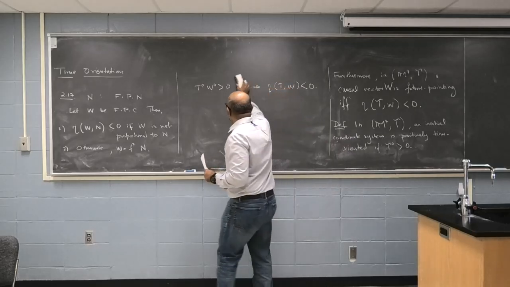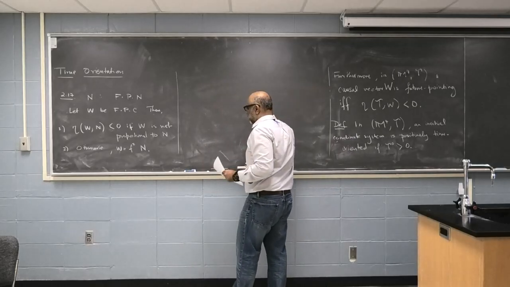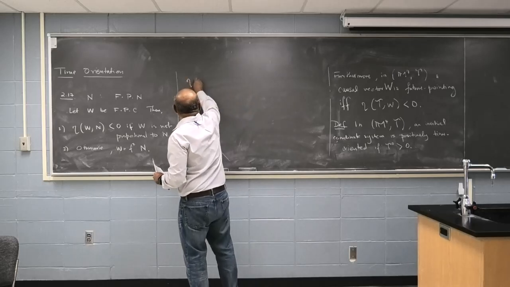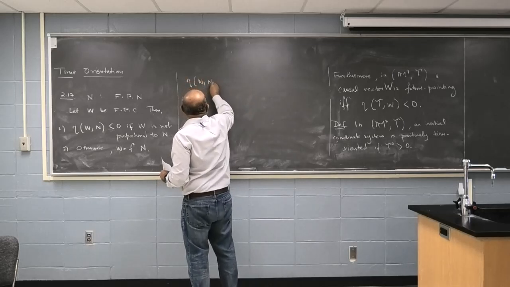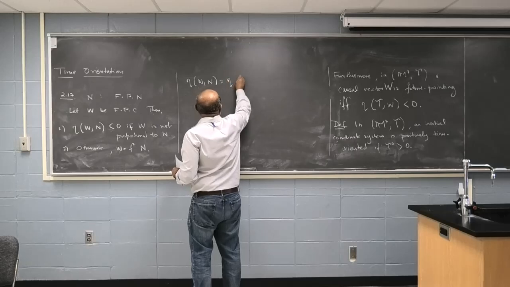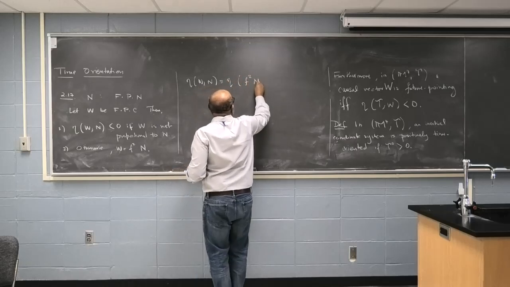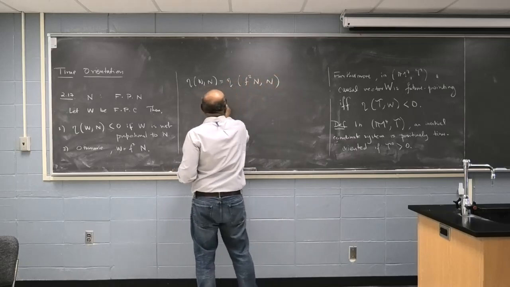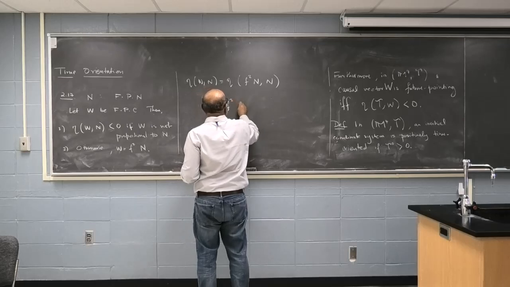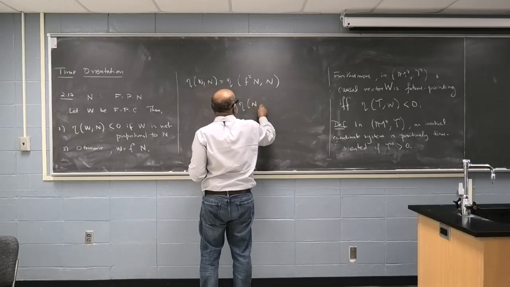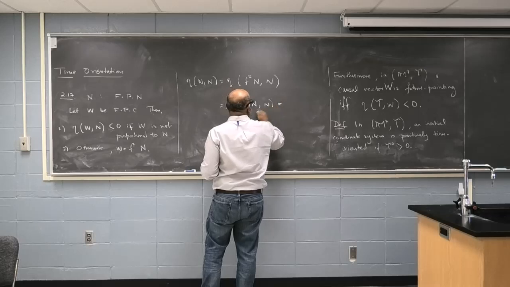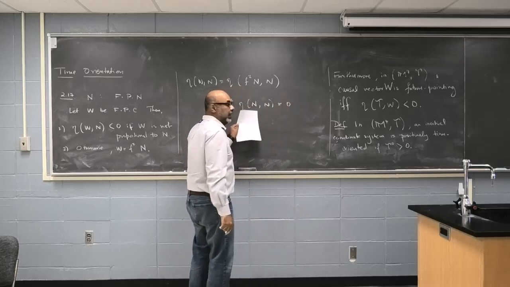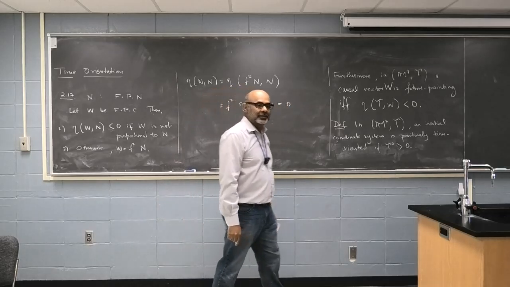Now, why is that? Because then look, this becomes eta(N, N), and this is not less than zero, but it is zero because N is a null vector.